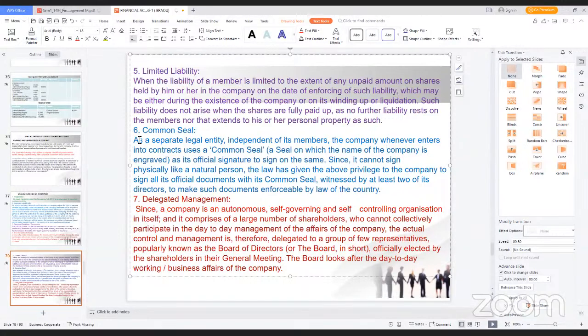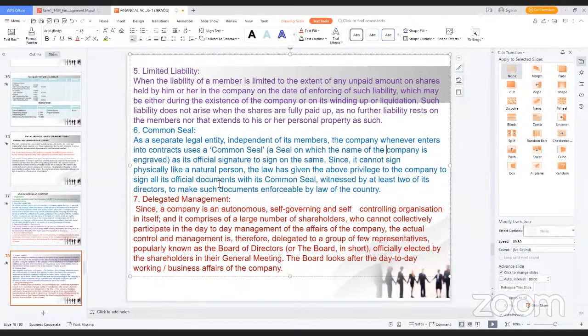So a company is not a natural person. It cannot sign physically like a natural person. Only the stamp acts as its official signature to sign on the same. Since it cannot sign physically, the law has given this privilege to the company to sign all its official documents with the common seal.